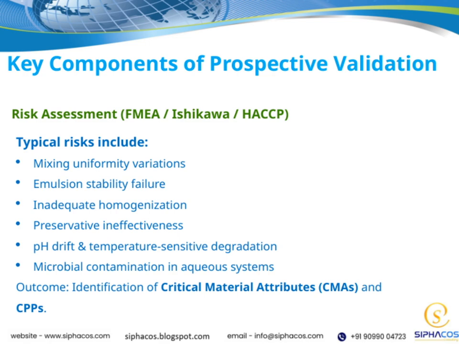By doing so, we can better control and optimize the manufacturing process. To systematically evaluate these risks, we often use tools like failure mode and effects analysis, or FMEA, Ishikawa diagrams, and HACCP principles. These approaches help us prioritize risks and develop robust mitigation strategies.